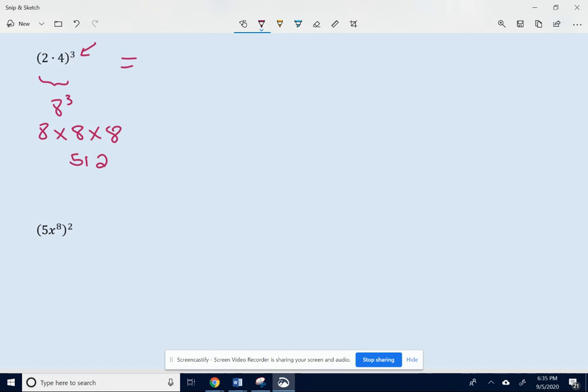The exponent tells me to take 2 times 4 and multiply it together 3 times. So let's just expand that out. That would be 2 times 4 times 2 times 4 times 2 times 4.